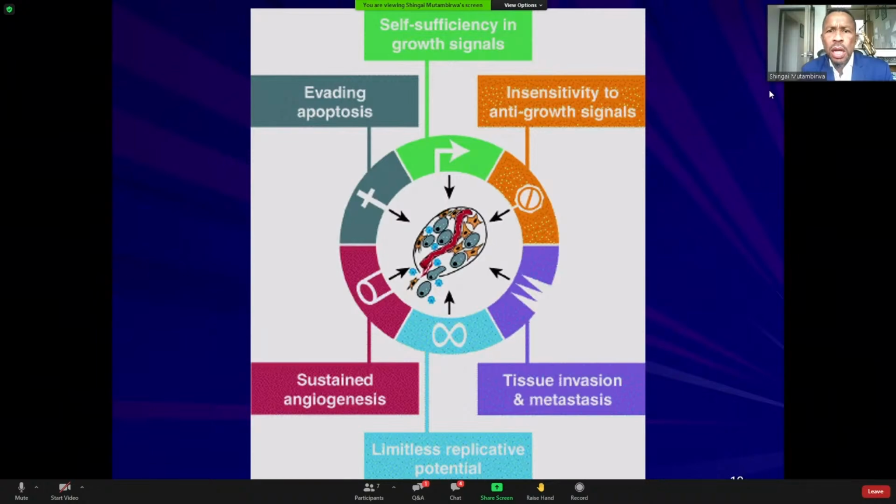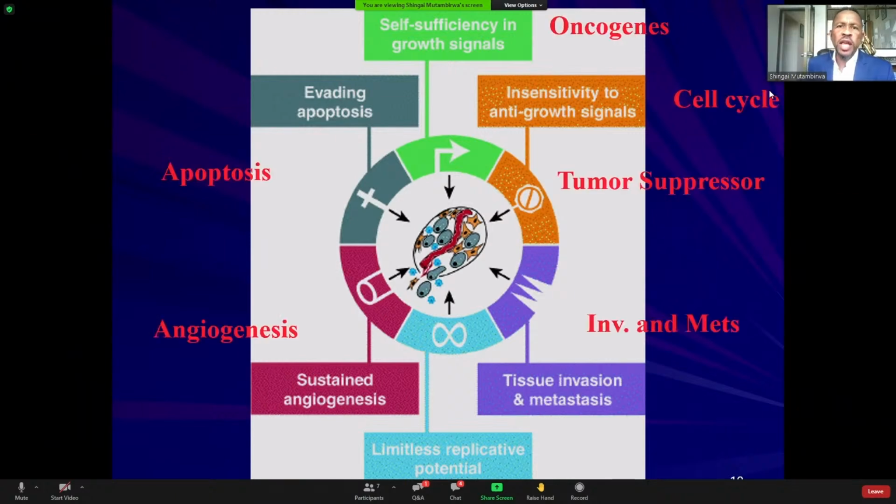Well, if you have defects of these genes, you're evading apoptosis, you're having self-sufficiency of growth signals, for example the Warburg effect, where you use more anaerobic glycolysis in cancer cells. Anti-growth signals, tumor invasion, metastases, limited replicative potential, for example, that means immortality, and sustained angiogenesis. And these are basically all being covered by the various genes that we've already had a word about.